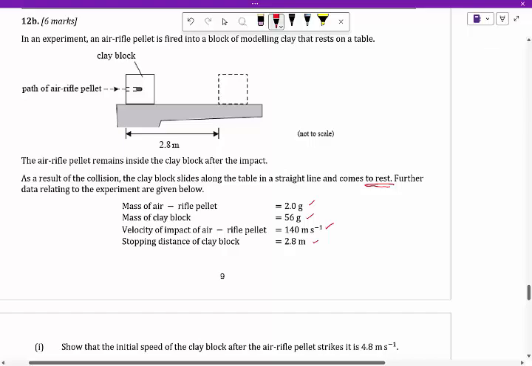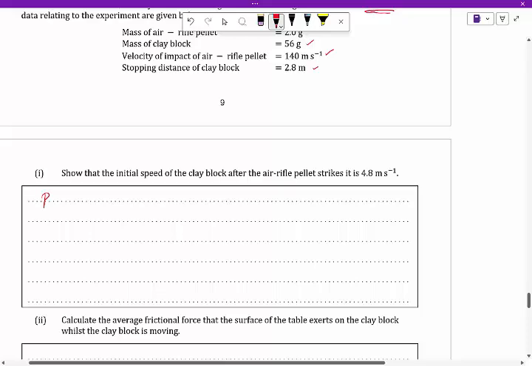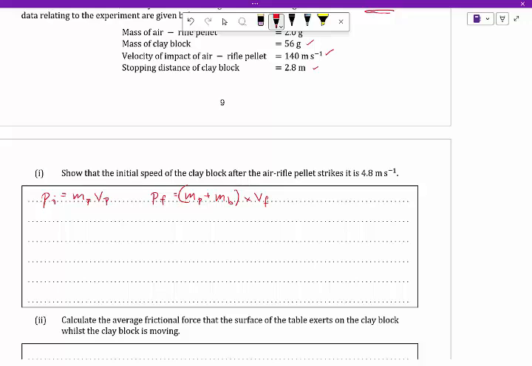This is a conservation of momentum problem. So we can say Pi is m pellet v pellet, and Pf is equal to m pellet plus m block times v final.